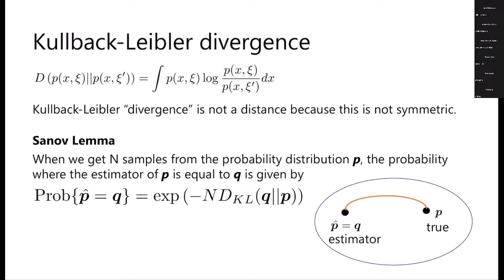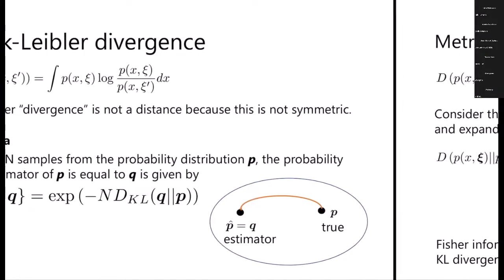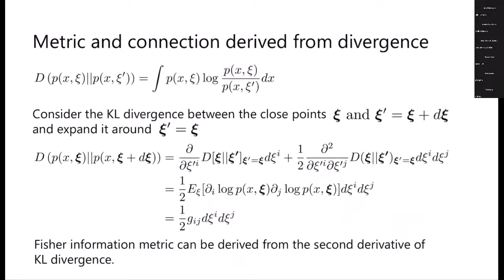And interestingly, if you exchange the roles of P and Q, where the true distribution is Q and the estimator is P, naturally this gives us a different quantity. So the KL divergence is asymmetric by nature. And we can expect this KL divergence may provide us information about the metric and also a connection. And actually it does. First, the metric can be derived by the second derivative of the KL divergence.